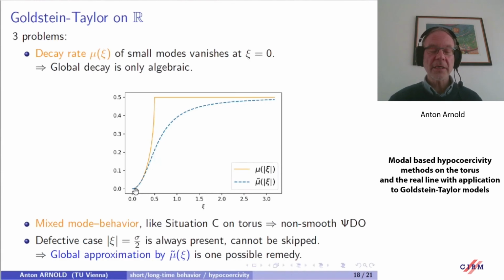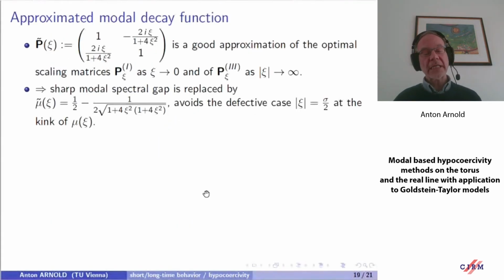You see here close to 0, this is a really good approximation, and then for large psi it converges to this constant. So how can you do this approximation? Well, first you again have to approximate the scaling matrices, and this is cooked up. There's no systematic way to derive that. There you have to play a bit.